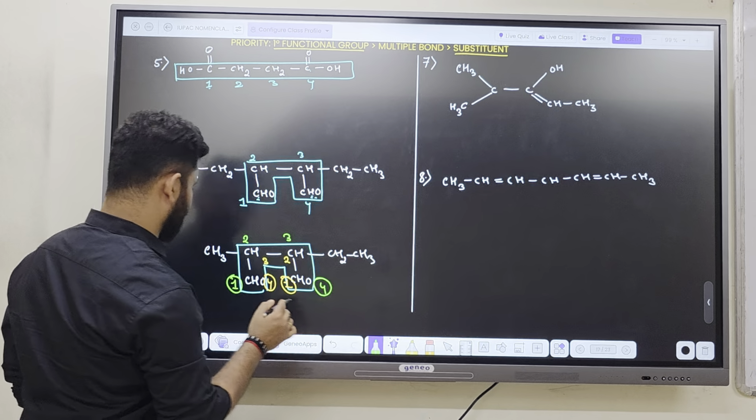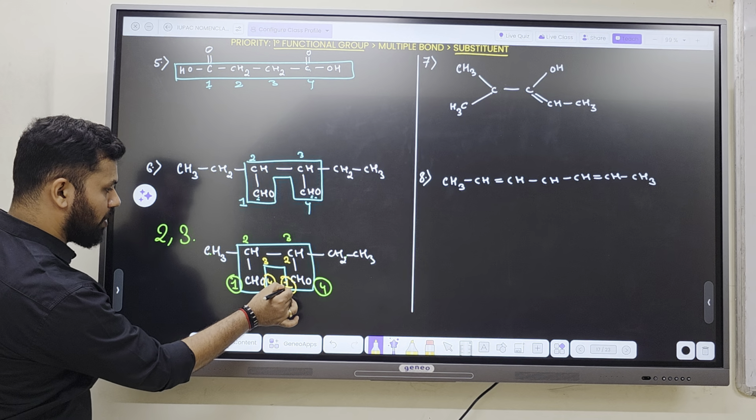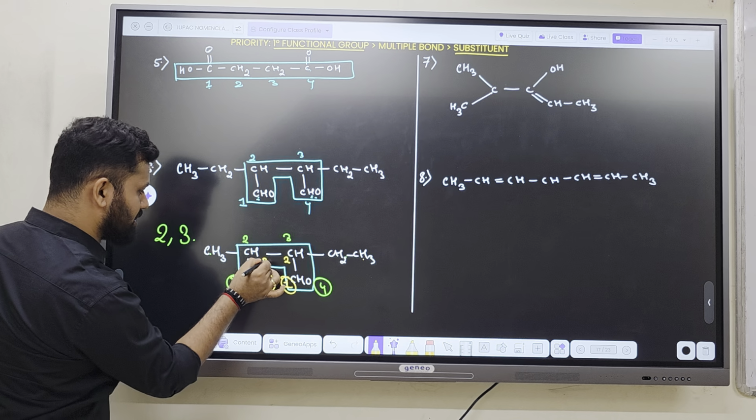And the yellow way of numbering is again, at 2 there is ethyl, at 3 there is methyl.